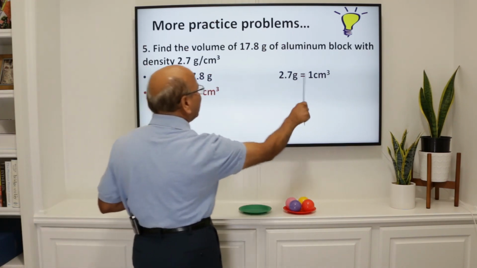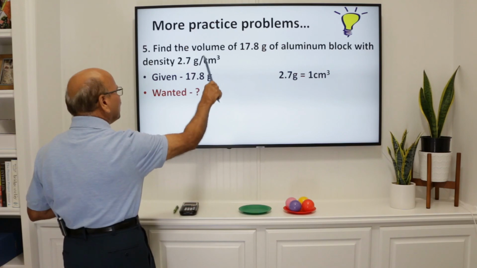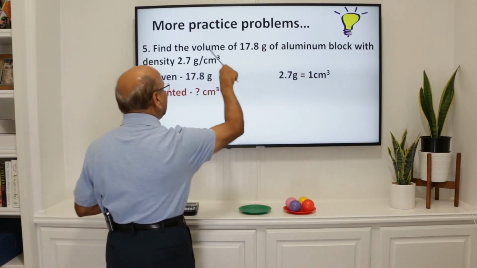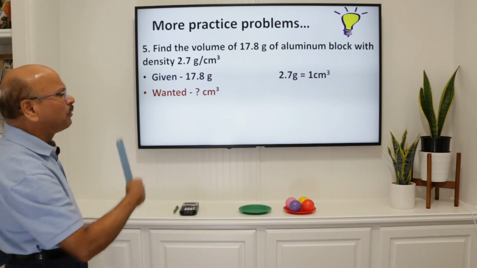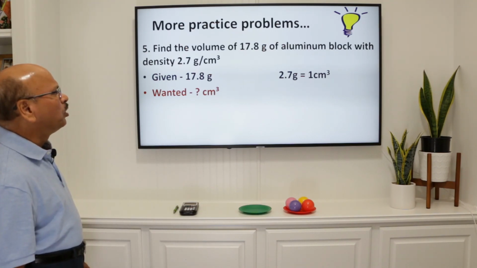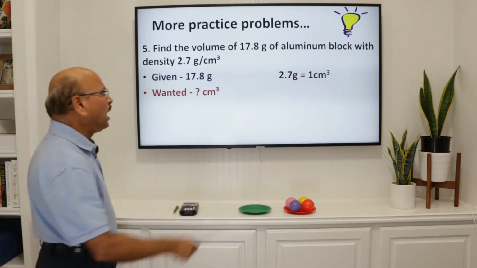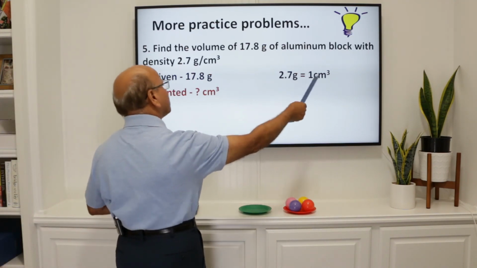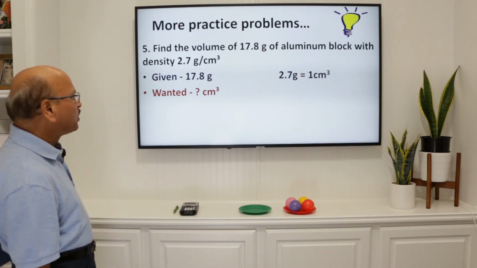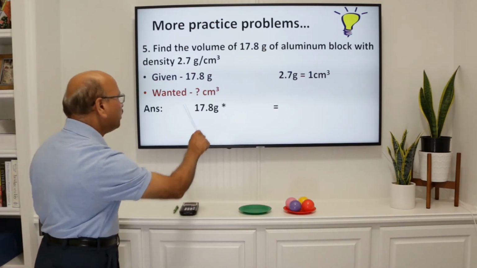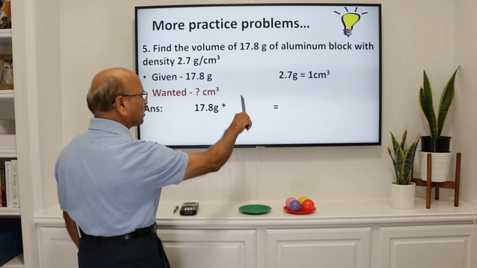That is actually an equality. See, 2.7 grams is equivalent to 1 centimeter cube. That's the idea when you say 2.7 gram per centimeter cube. That equality can be used to get two conversion factors. And so if you start from your value 70.8 gram, what should be your conversion factor?